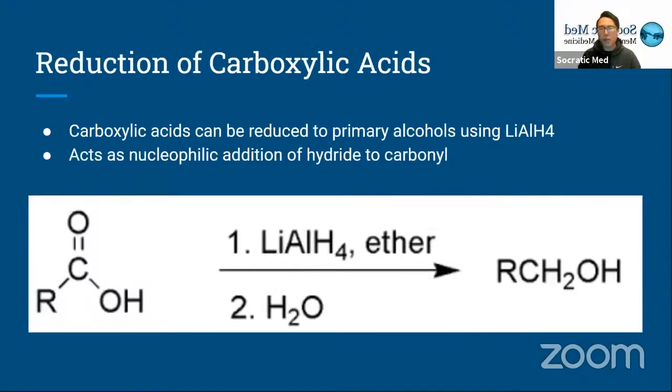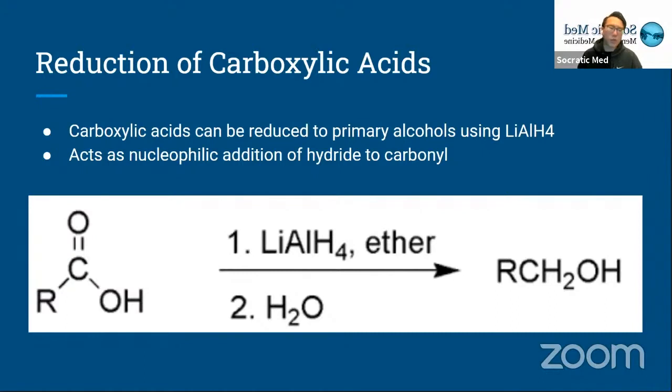And since carboxylic acids are the most oxidized functional groups, you can reduce them to primary alcohols using LiAlH4, so lithium aluminum hydride. So if you take a carboxylic acid and you use LiAlH4 on it, you can reduce it to a primary alcohol.